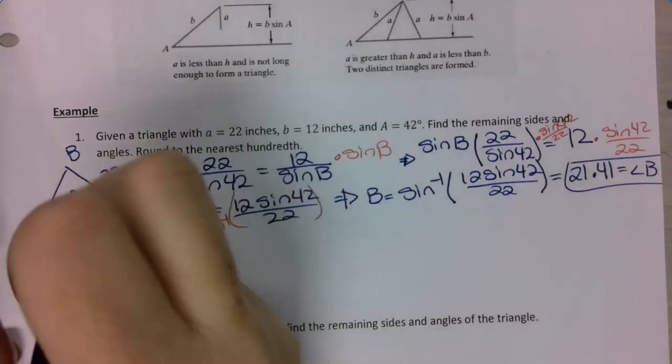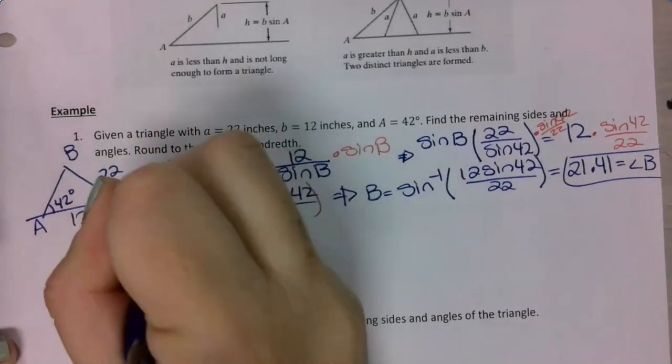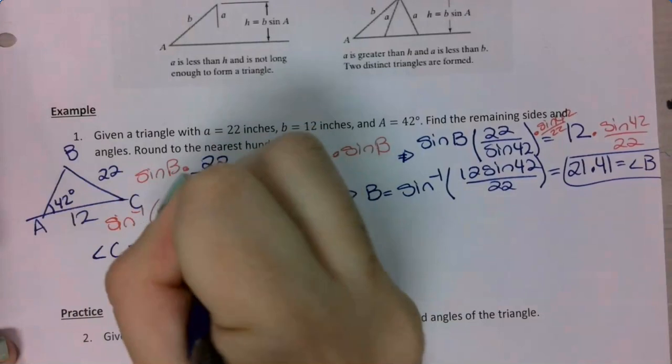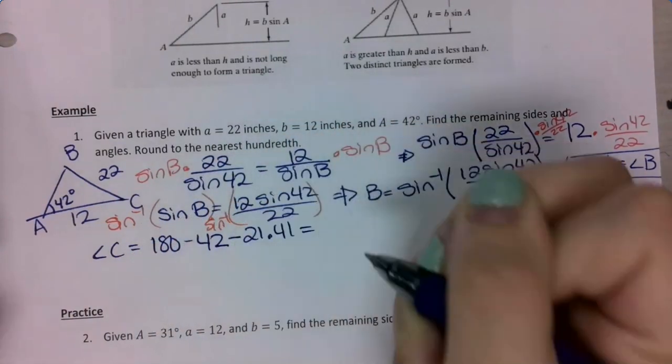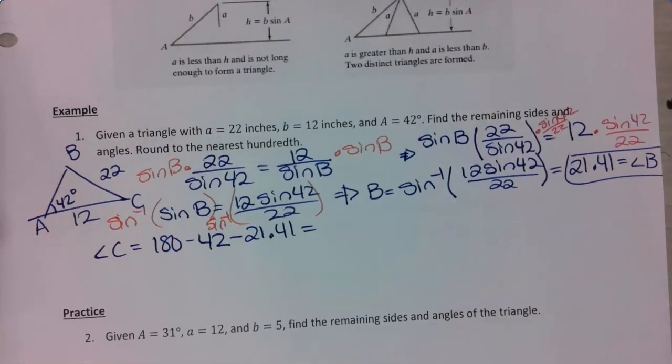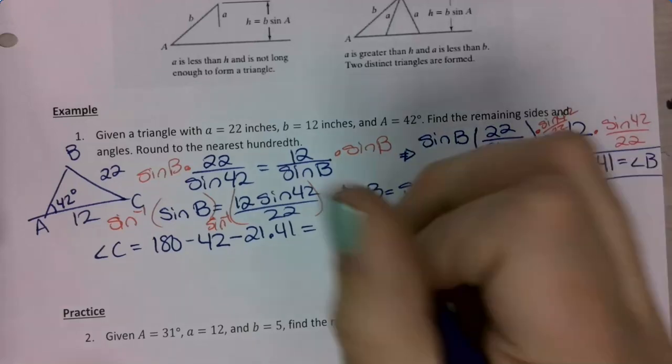Now I can do angle C. So I'm going to do 180 minus the 42 from angle A, minus the 21.41 from angle B. So what does this get us?